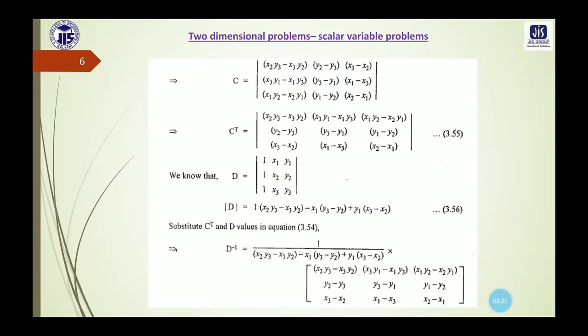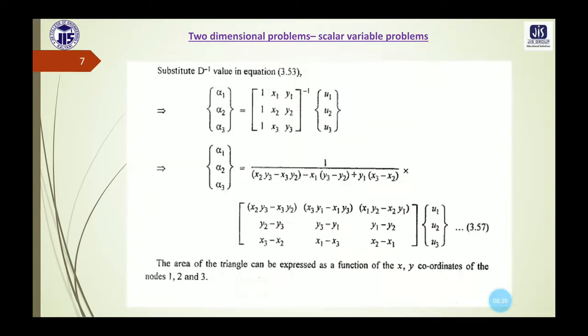So if we put these values here, we get this mathematical representation: a 3 by 3 matrix multiplied by the determinant of that matrix D, divided by the determinant of the matrix D.